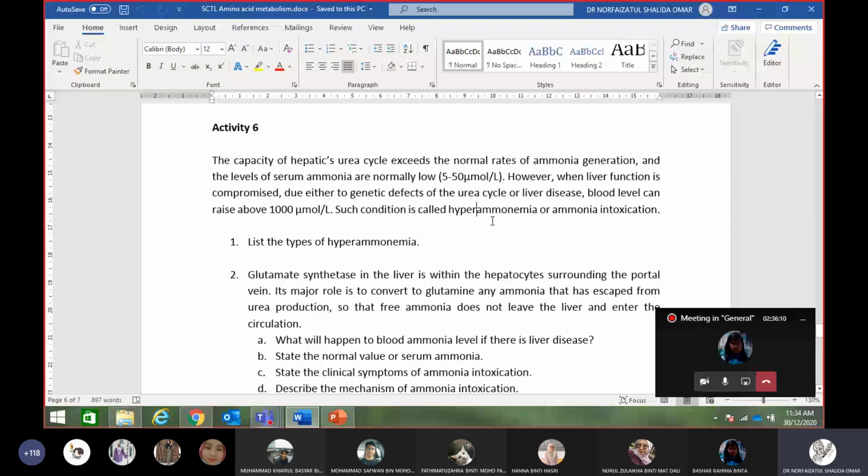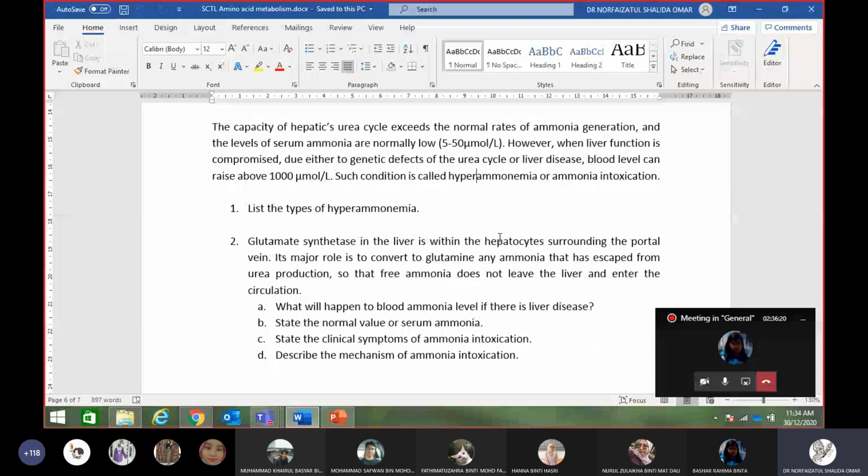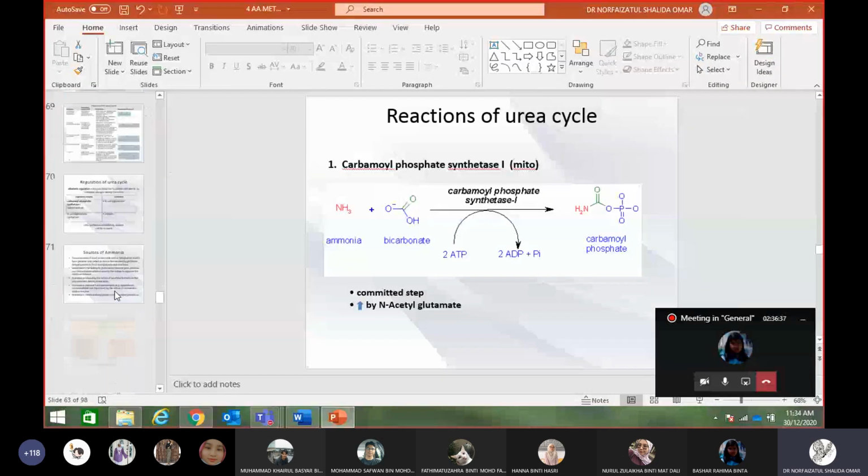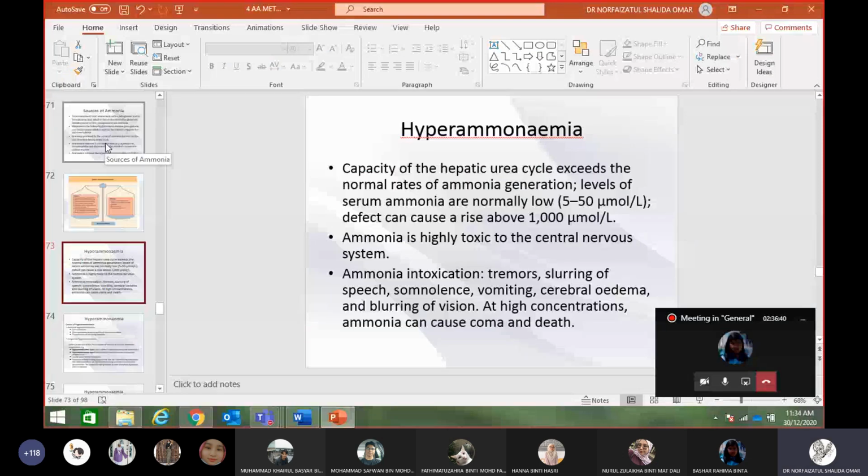So what happens when there's an increase in ammonia? Like I mentioned just now, it is toxic to our body. These are types of hyperammonemia.